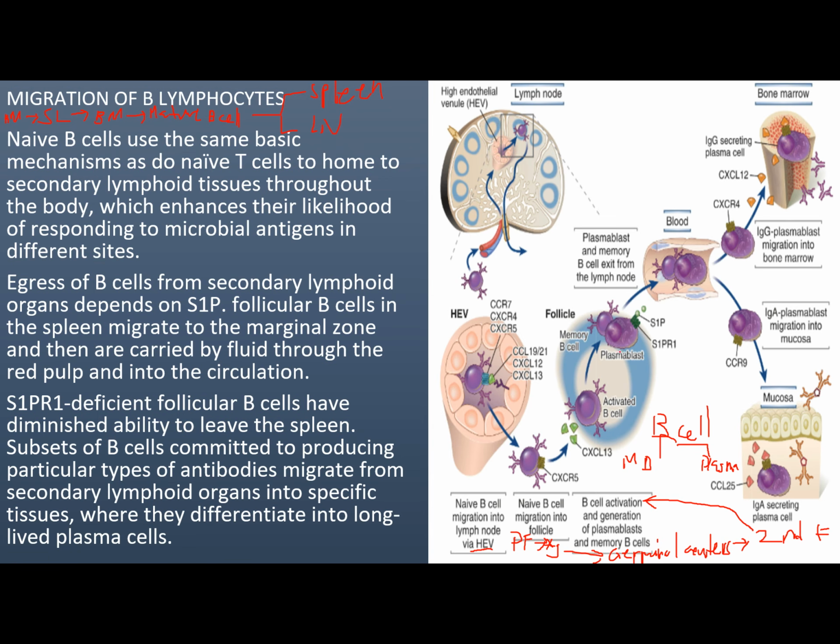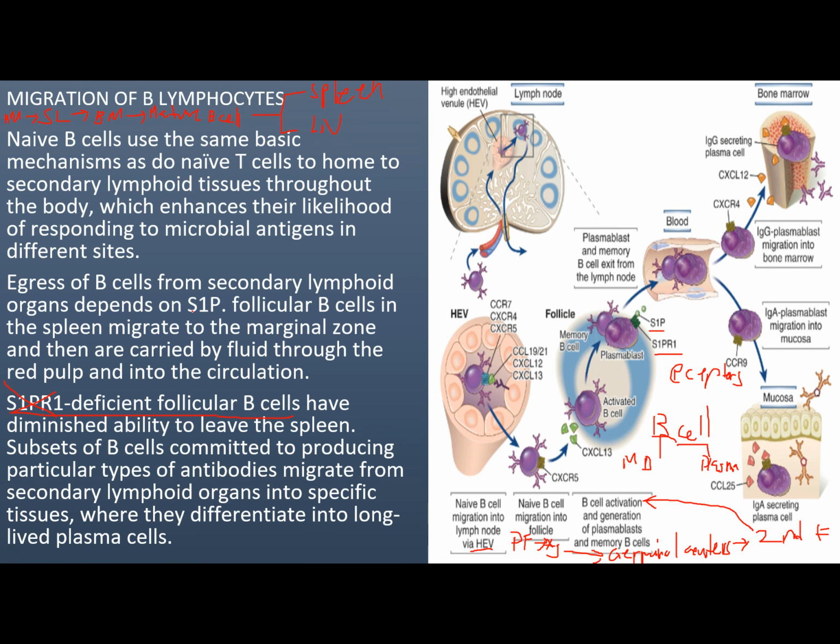Now, your plasmablast, please take note, has different receptors or molecules. These are known as your S1P and your S1PR1. Please take note that S1PR1 deficient B cells have diminished ability to leave the spleen. So when it is deficient, there is no S1PR1, and the B cells would stay in the spleen.